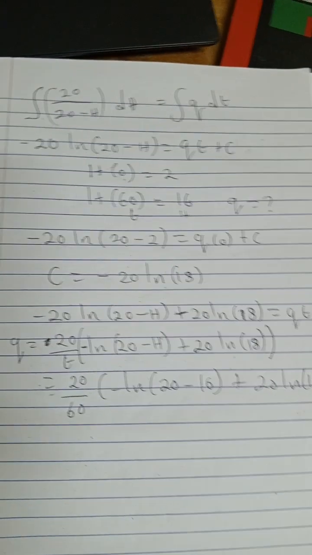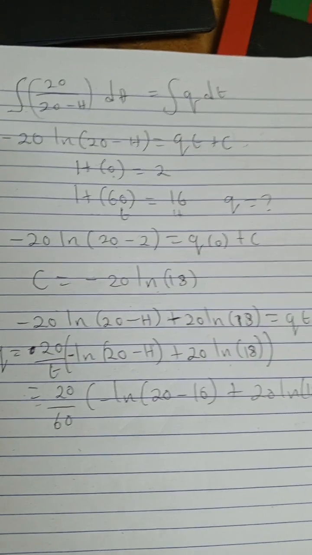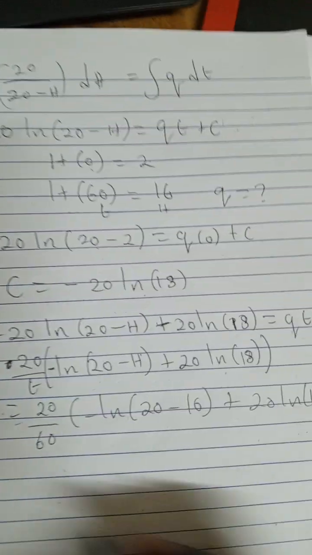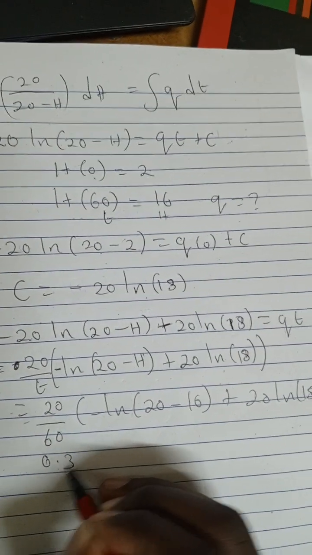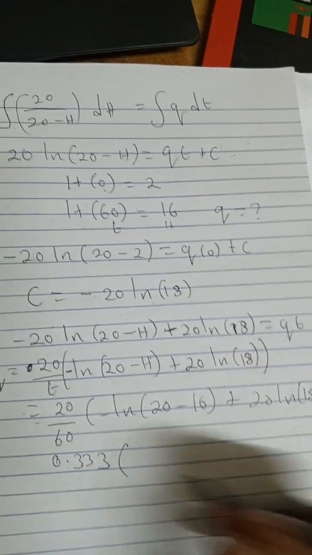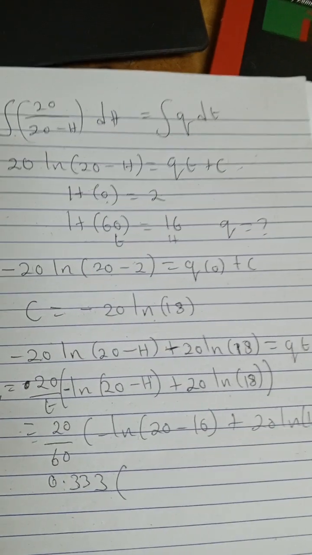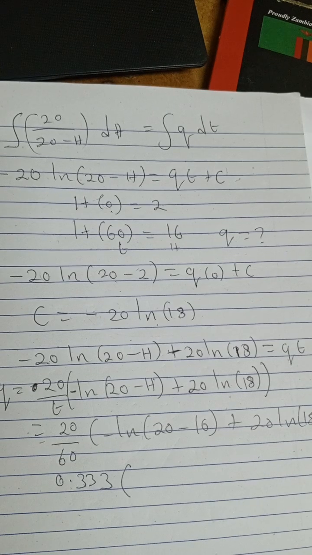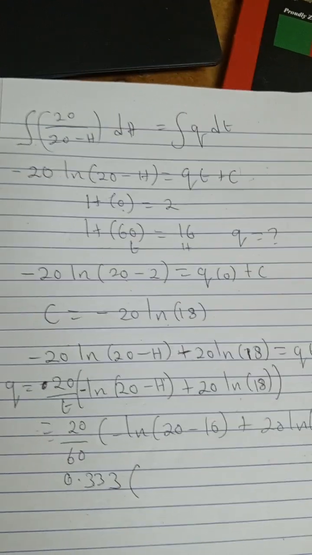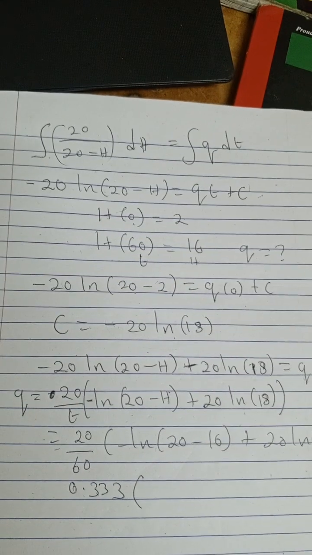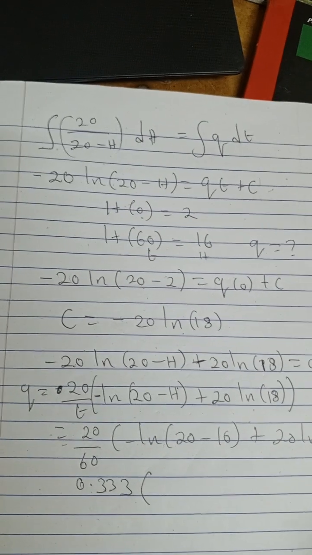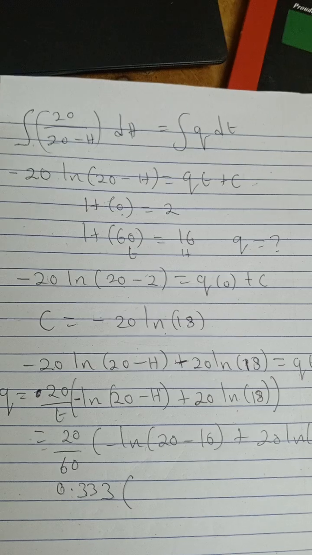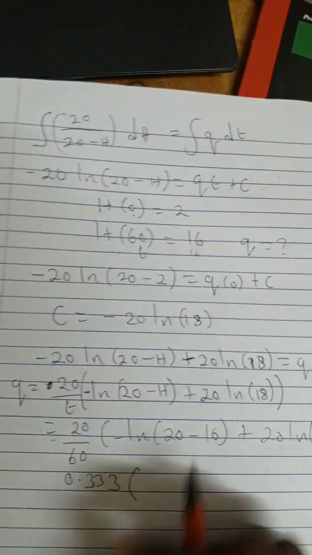So let's go ahead. We're going to say 20 divided by 60. It will give us 0.333. And we're going to multiply this with the natural log of 20 minus 16, that's 4. Natural log of 4 is equal to 1.3862. Then we are going to multiply it. We know that it will be negative.